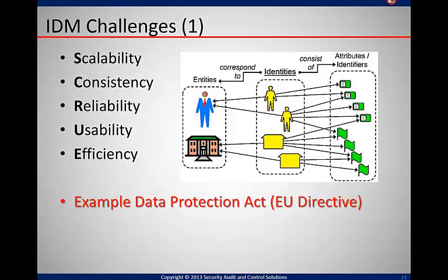Challenges are definitely things like scalability, how big the organization is and how we adapt to that. The consistency: does it look the same when I log on to different systems? The reliability, usability from an end user point of view, and efficiency. Can I actually implement that quick enough? What are the resource requirements? What we need to worry about, an example for me, is the Data Protection Act.